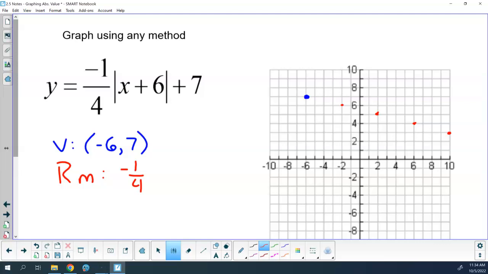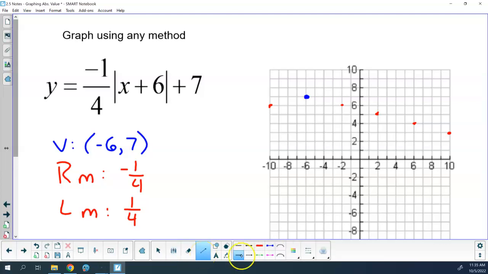Okay. What is my left side slope? +1/4. But I want to go up and right or down and left. Down and left, right? Because I want a V. I don't want grandma shark or grandpa shark, whichever one.